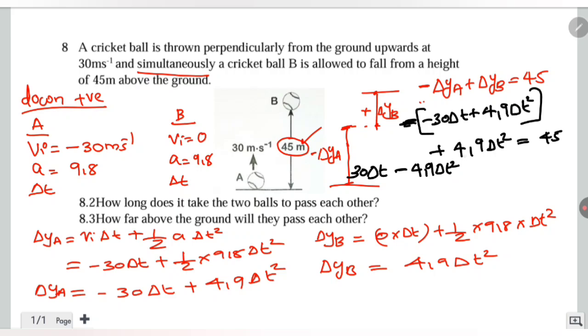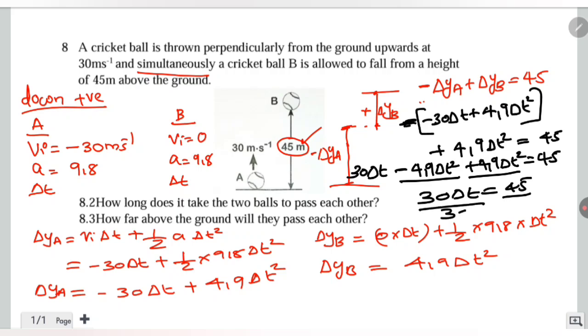We are done with the bracket. Plus 4.9 delta t squared is equal to 45. Minus and plus cancel, right? So 30 delta t is equal to 45. Divide both sides by 30 and our delta t is equal to 1.5 seconds. So that is the answer for the time at which they pass each other.